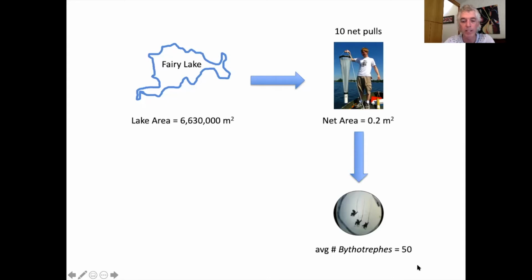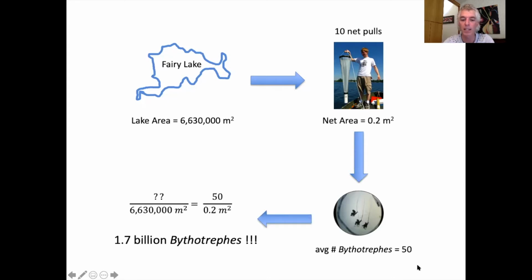Now here's where we need to do a little bit of math, but it's not that tough. If there's 50 Bythotrephes on average in 0.2 meters squared of the lake, and the entire lake is 6.6 million meters squared, we can calculate that there's about 1.7 billion Bythotrephes in this lake.